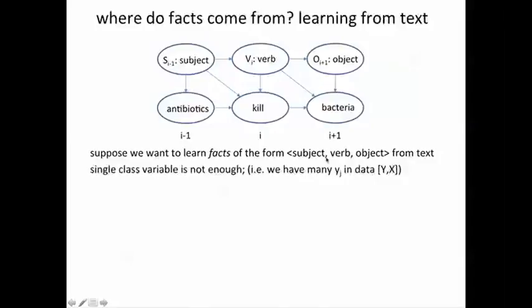A single class variable is clearly not enough, since we need to have subject, verb, and object. In the language of the unified formulation of learning that we did last time, we have many y's in the y comma x data when we looked at learning from the perspective of f of x, if you remember that.